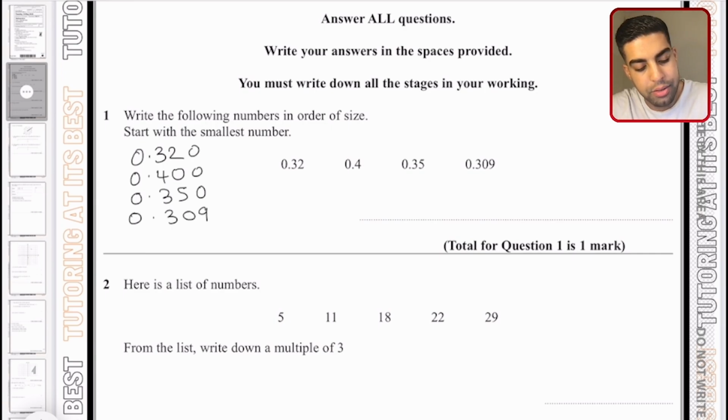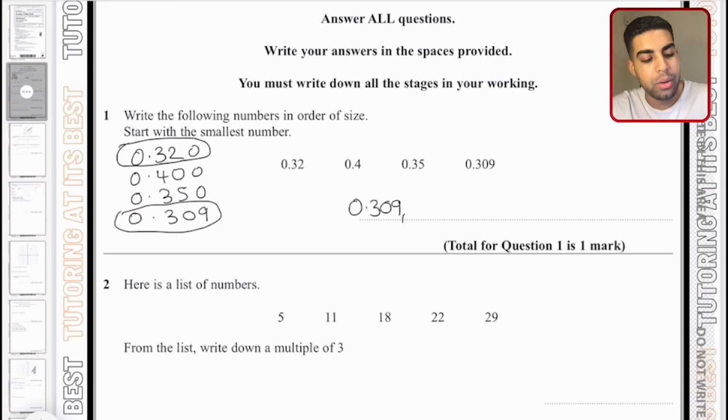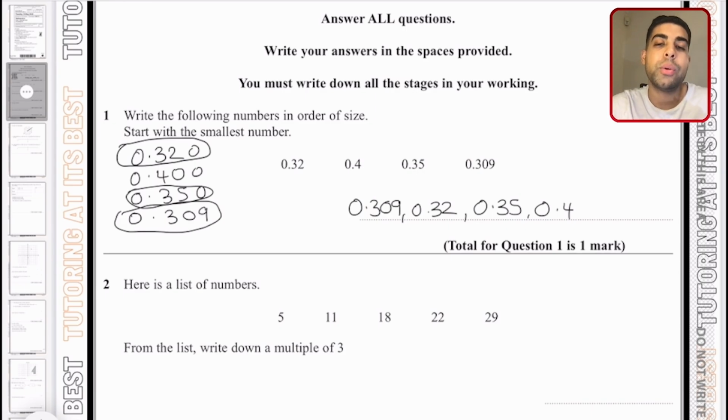Let's fill out our zeros, before taking out the smallest number, which in this case would be 309. Followed by the second number, which is 320, so that's 0.32, and then 0.35, finishing off with 0.4. And that way you can ensure that you never go wrong.